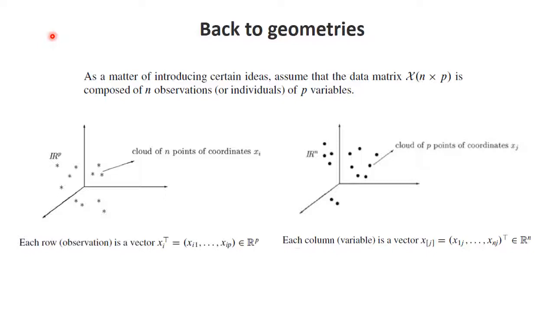One is to look at the cloud of endpoints of variables, for example, plot height versus weight. You could also look at individuals: what is the height and weight for each individual, or for what height do we have a certain individual. That would be a different kind of setting.